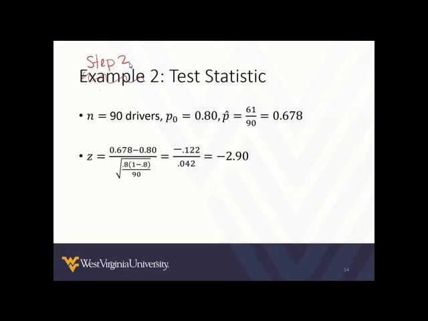And so this will give us a z statistic of negative 2.90. And when we're calculating these test statistics, because we are working with the normal table, it is appropriate to round to 2 decimal places.